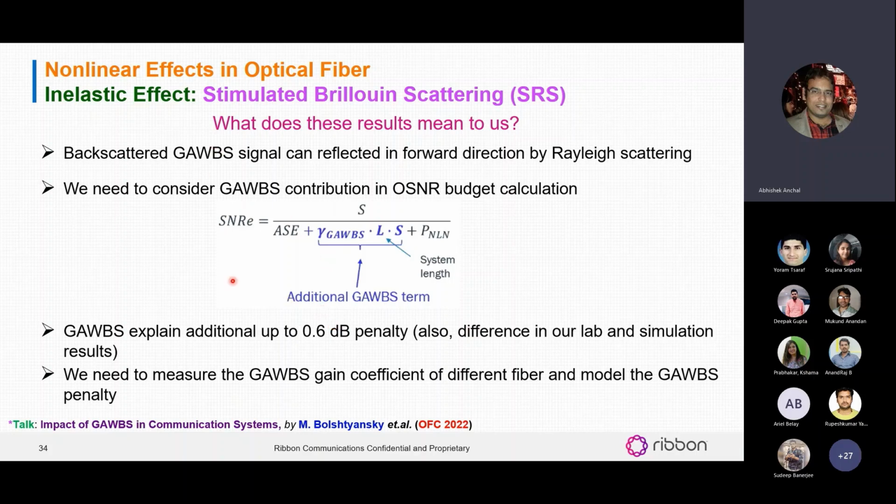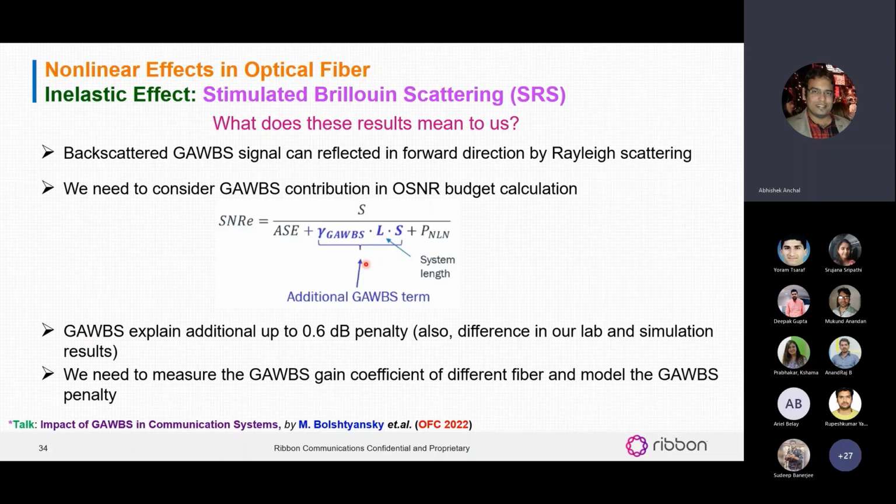So this can give us some idea that maybe the Brillouin effect can be present in our system, especially when we talk about 4,000 kilometers, and at least more than 2,000 kilometers, this effect definitely can be present, especially in certain baud rate systems.